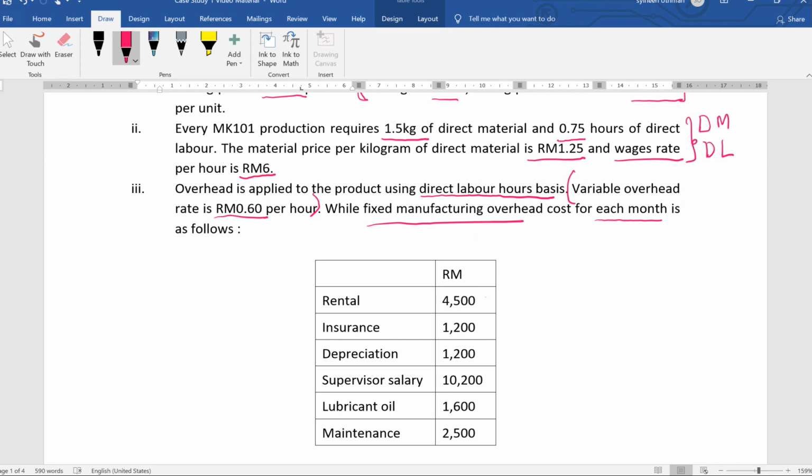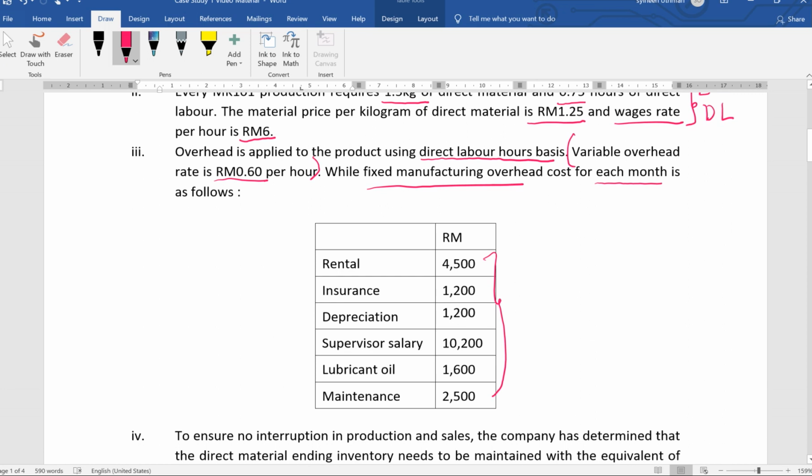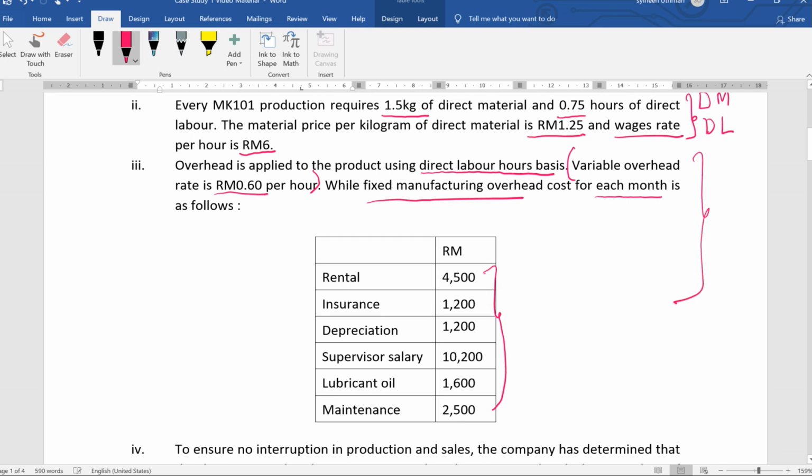So each month we're going to have rental, insurance, depreciation, supervisor salary, lubricant oil, and also maintenance expense. All this is your fixed manufacturing overhead. So you only have one variable manufacturing overhead and 6 fixed manufacturing overhead costs. This item here you're going to use for your manufacturing overhead budget.